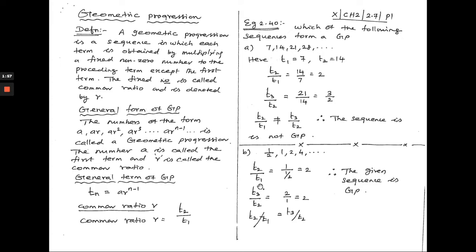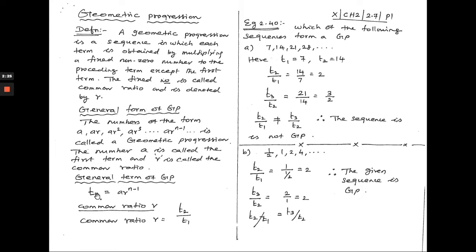The general term of a GP, Tn, is equal to AR to the power n minus 1. Suppose n equals 1, then n minus 1 is 0, R power 0 is 1, so A into 1 is A. So T1 is equal to A, the first term.